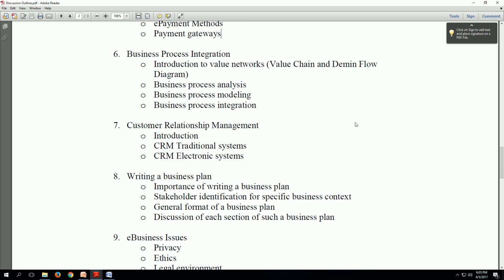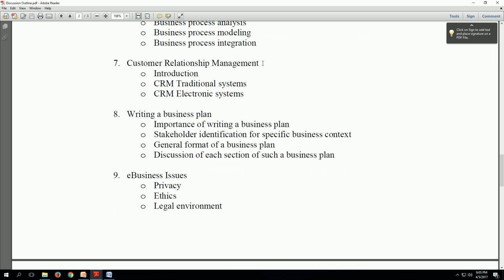And then we'll be talking about customer relationship management, which is a very important and vital part of e-business, because you need to understand the customers, keep the relationships with them, and enhance those relationships. Why it is important, and how we are going to do that, is something we are going to talk about here.